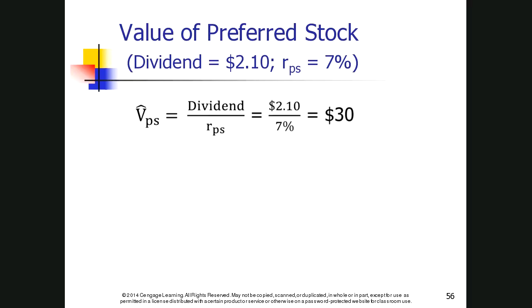It's going to be evaluated as simply taking the dividend divided by the periodic interest rate. So if it's an annual dividend of 2.1, then you use the annual rate. If it's a semi-annual dividend, you use the semi-annual rate, and so on and so forth. Okay.